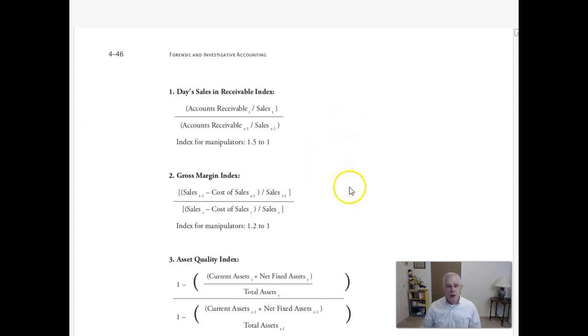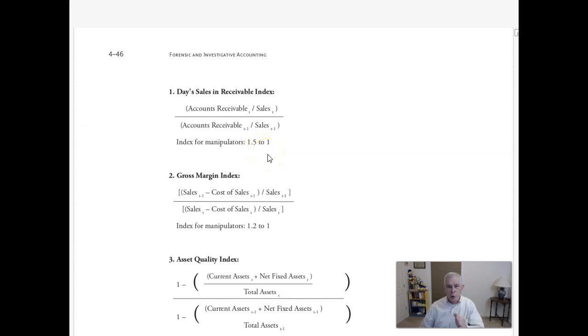So what this person found is that if you have something called the Days Sales in Receivable Index, again, this is a brand new formula for you, probably a brand new ratio, then based on this person's studies, the index for manipulators was 1.5 to 1.